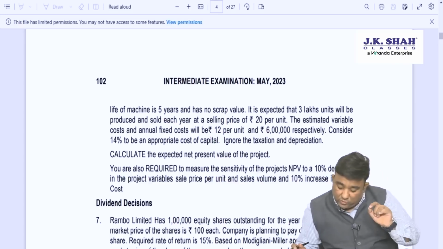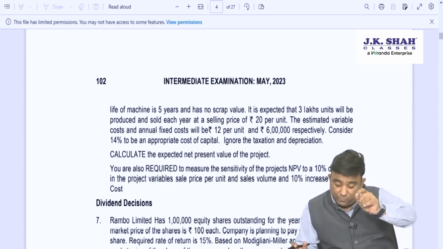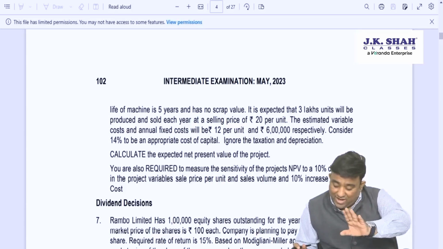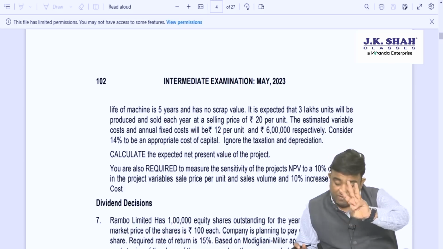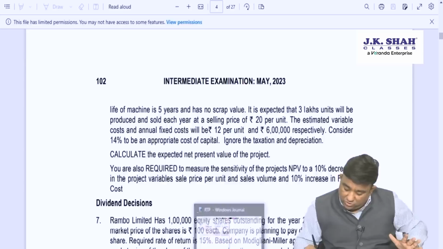You are also required to calculate the sensitivity of the project NPV to a 10% decrease in project variables, sale price per unit and sales volume, and a 10% increase in fixed cost. Student, 3 variables: selling price, sales volume and fixed cost. So nothing to worry.